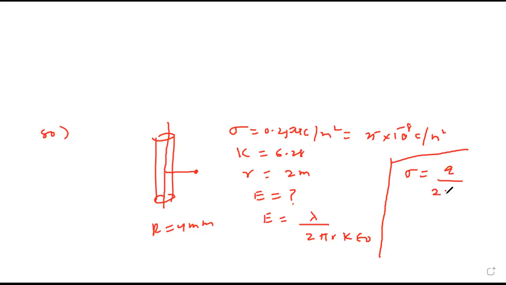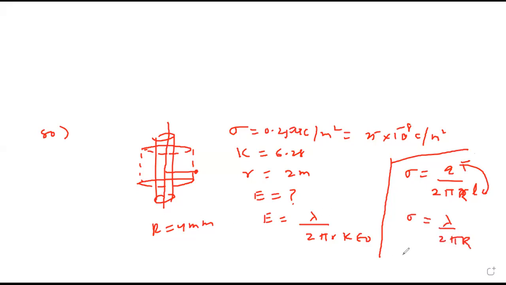Sigma is charge per unit area. What is curved surface area of this cylinder? 2 pi RL. Which R should I take, capital or small? Capital R. Correct. Now Q by L means lambda.